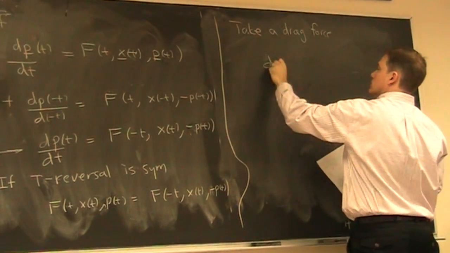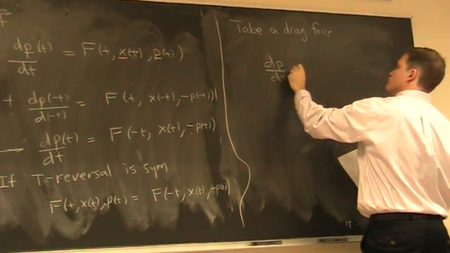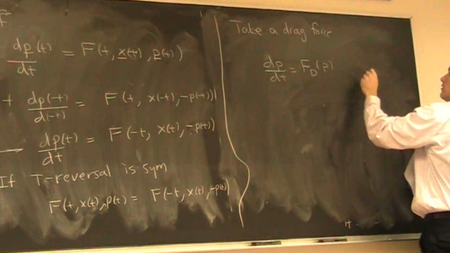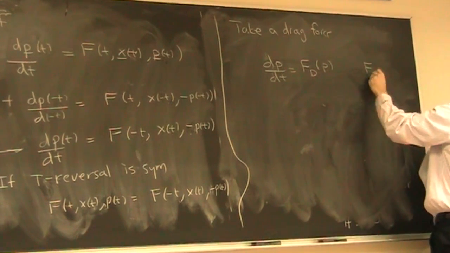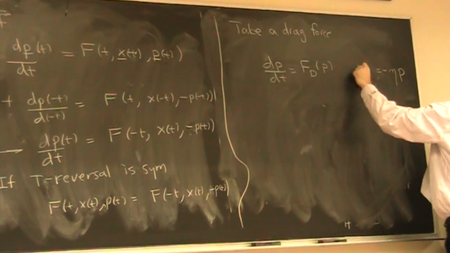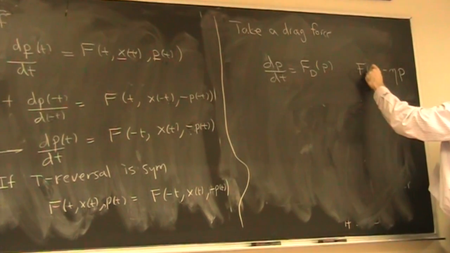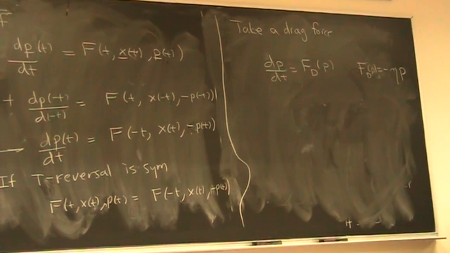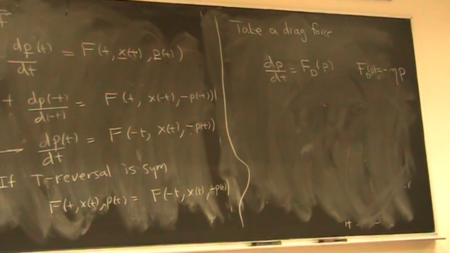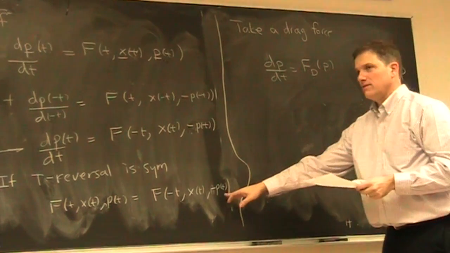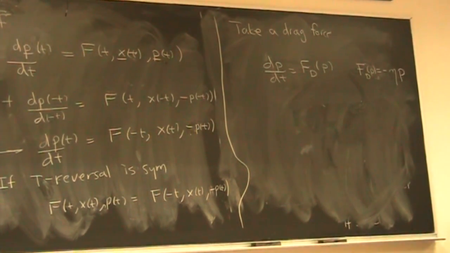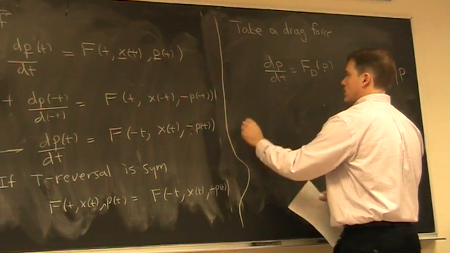I have a particle that's slowing down due to some viscosity. If I look at this requirement, it's not an explicit function of t, so it clearly doesn't satisfy this.